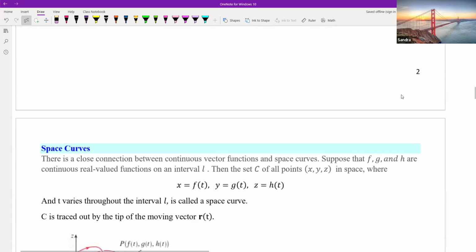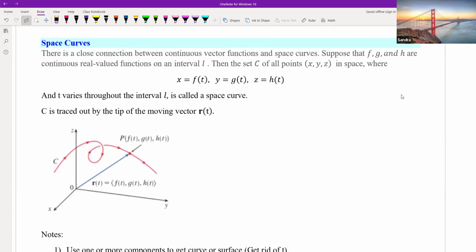Let me go ahead and move on to space curves. There is a close connection between continuous vector functions and space curves.